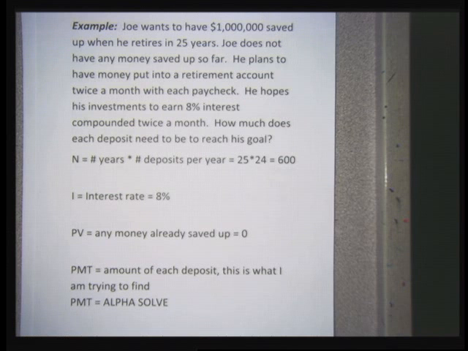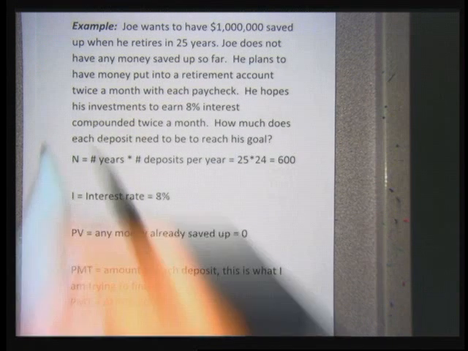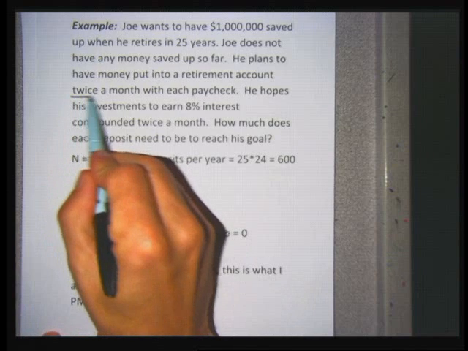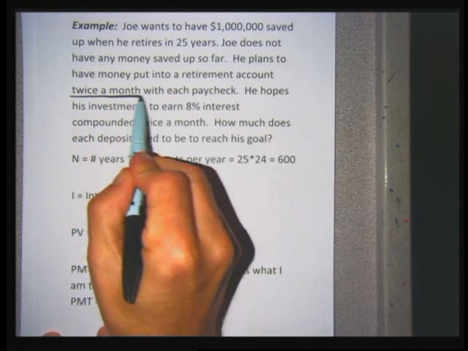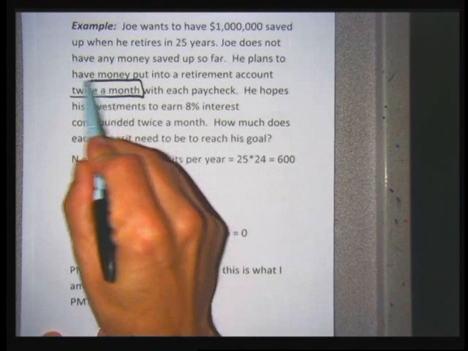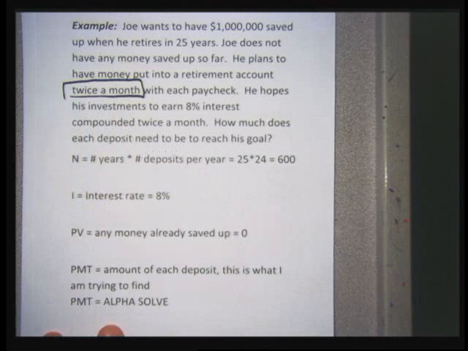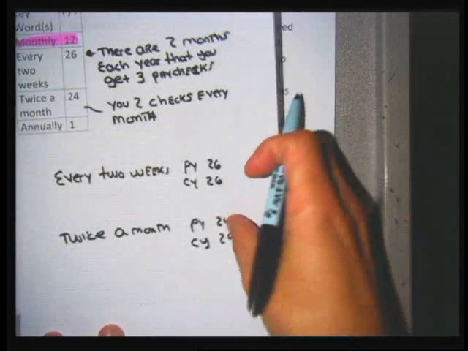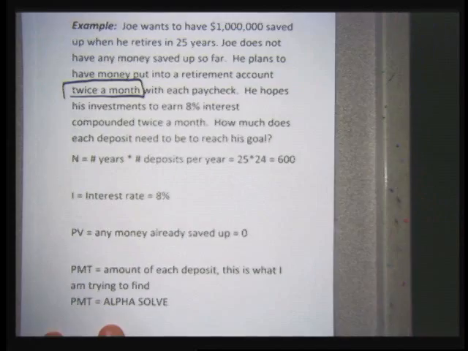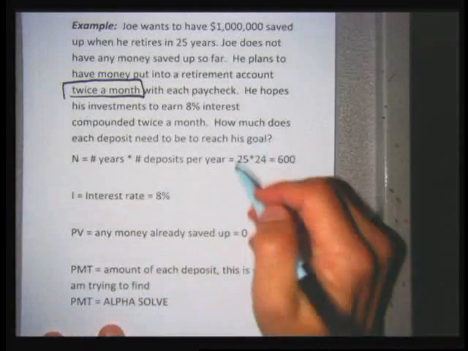So, immediately, I want to get the PY and the CY fixed up. And Joe is going to make deposits twice a month, and for twice a month, the PY and the CY are going to be 24. So let me get this started so I don't mess that up.